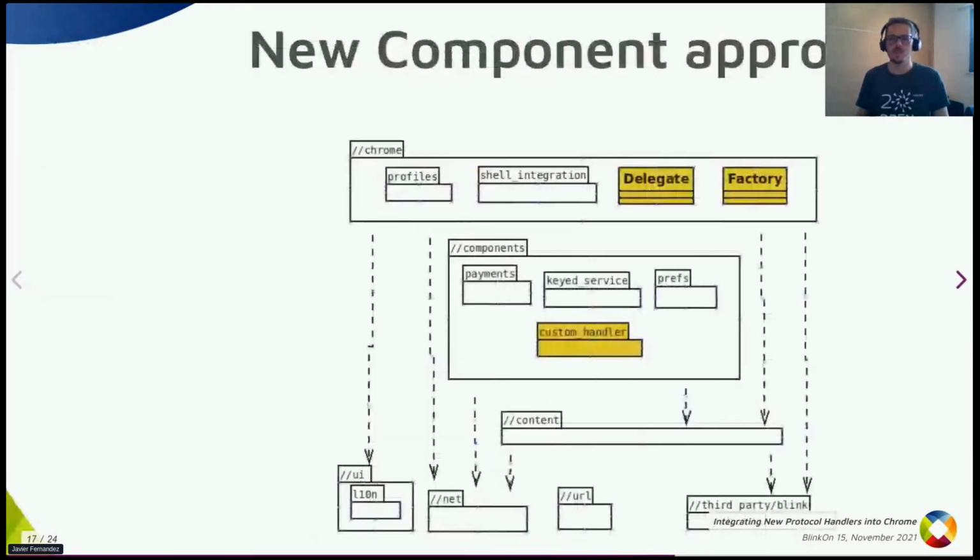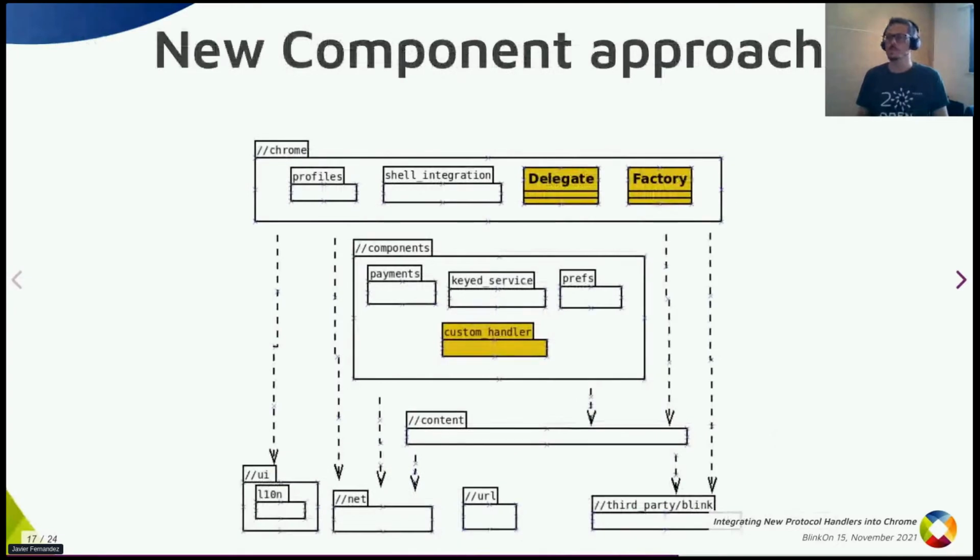So during the review process, some engineers suggested creating a new custom handlers component. Moving this logic to the component layer will definitely solve all the dependencies with other components. However, as I said, we want the content shell to use this protocol handlers logic. It would imply that it will depend on the content layer as well.